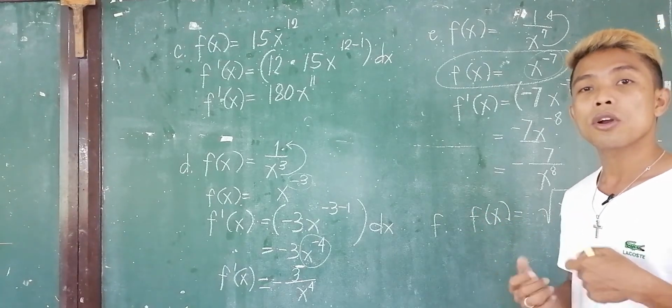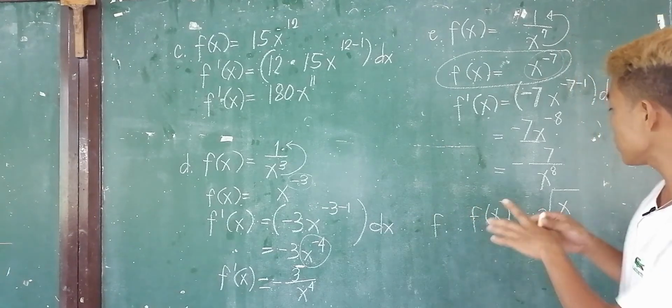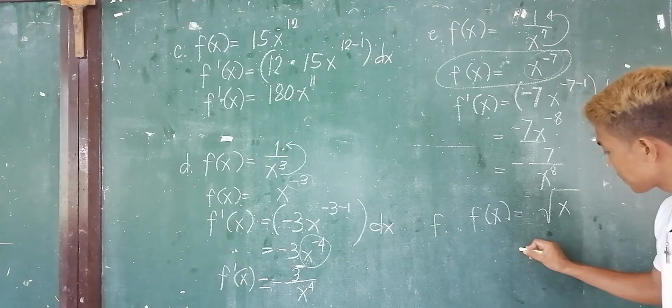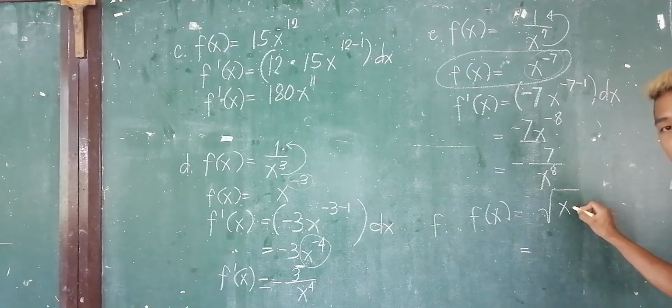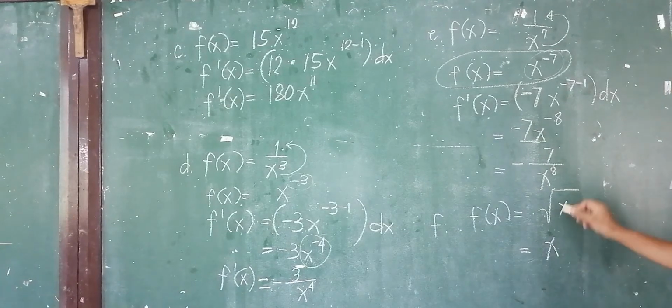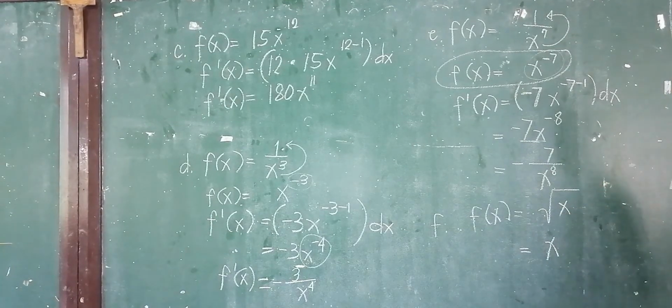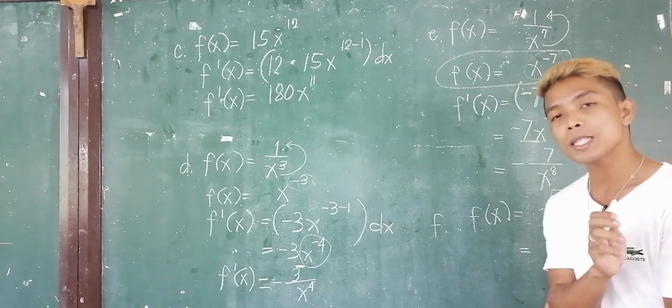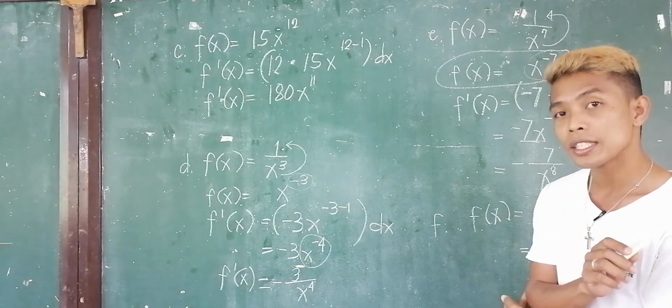Pwede din naman na constant na may exponent. So, aayusin natin to. Paano yun ginagawa? Ganito lang. Kung ano man yung nasa loob, kopyahin mo lang. So, x. Now, ang radical, kapag may radical ka na expression, automatic, ang exponent niyan ay fraction.